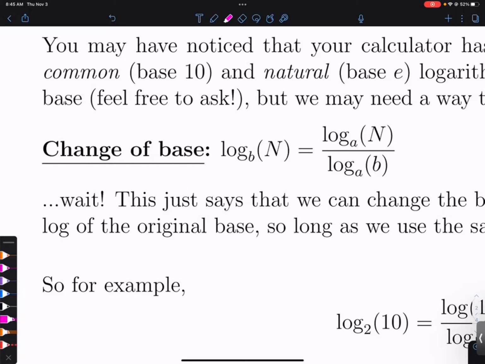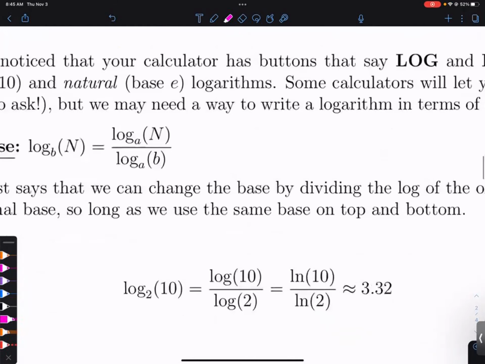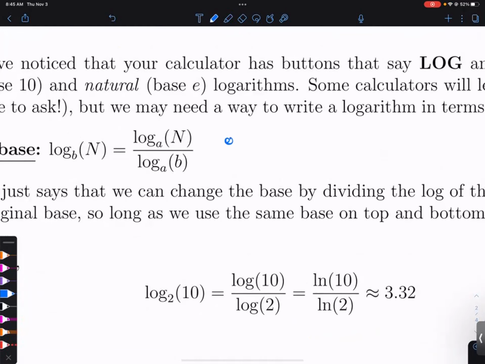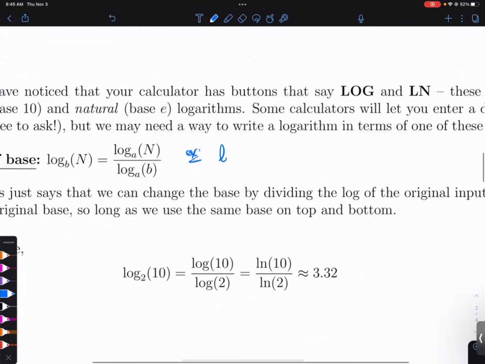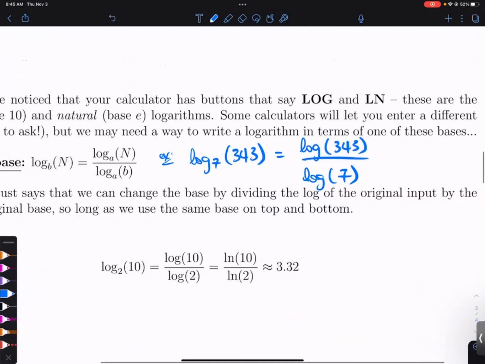So if I wanted, what was it a minute ago? The log base 7 of 343. I could do that as the log of 343 over the log of 7. The important part is that the one on top and the one on bottom match.